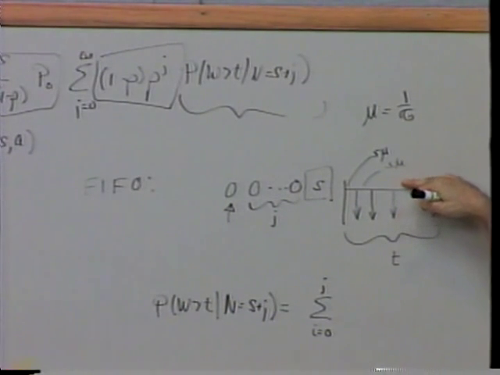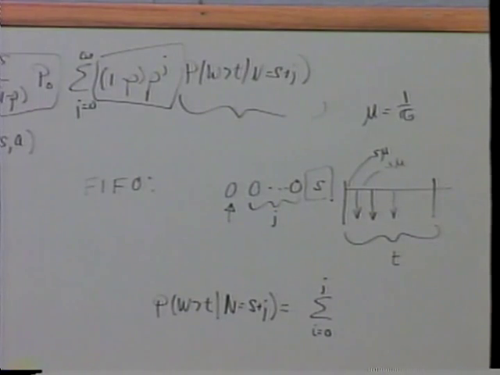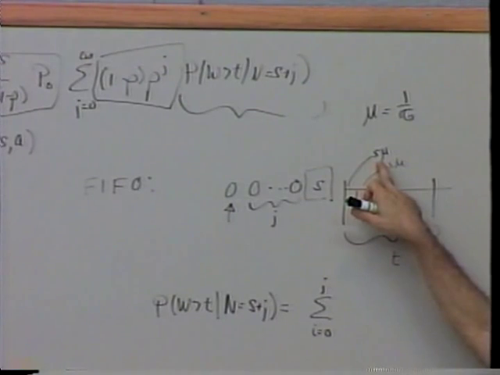So what do we know about a process in which the times between events, the times between these arrows, are IID exponential? What kind of process is that? It's a Poisson process. So that means that the number of arrows in a fixed time has the Poisson distribution, and its parameter is the rate, S mu.